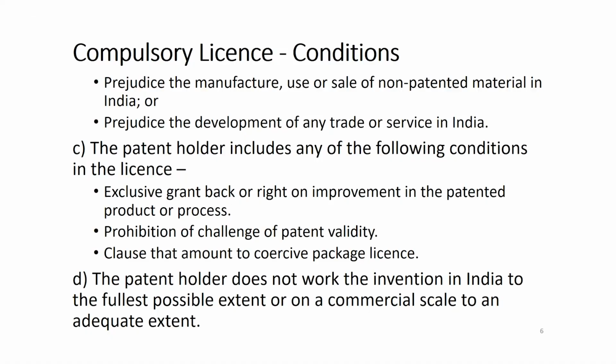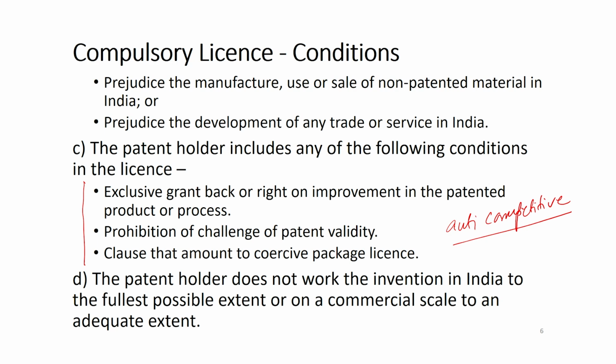The third situation where I can say that reasonable requirements are not being met is when I am imposing these conditions. There are three conditions which have been listed here. These can be called anti-competitive conditions. When I am granting you the license, but at the same time I am imposing one of these three conditions. First is a condition called exclusive grant back.